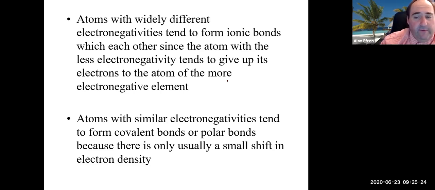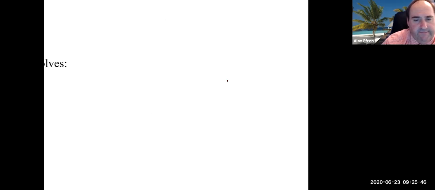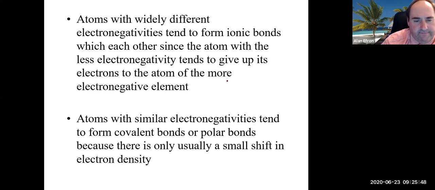When we get a metal and a nonmetal together, they're on opposite sides of the periodic table. In terms of electronegativity, our metals don't really care about electrons and don't want to bring them towards themselves, whereas our nonmetals want to bring those electrons towards themselves. So when we get metals and nonmetals together, we get the transfer of electrons versus the sharing of electrons that we see.